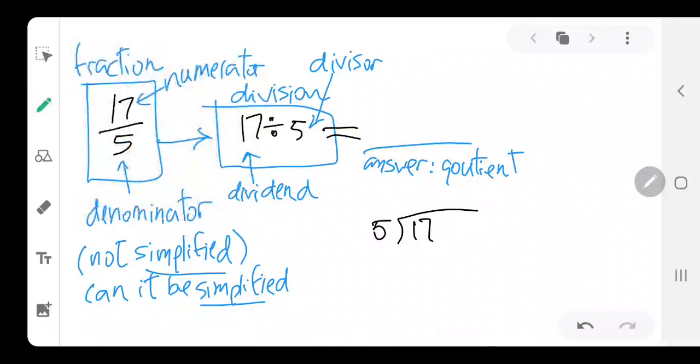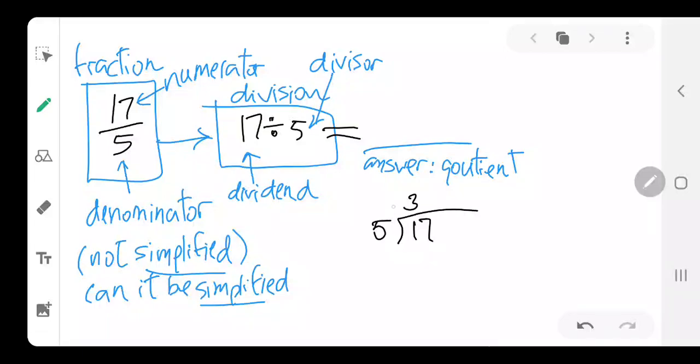You've got to start with a number that is the highest factor you can multiply 5 times to at least give you something close to 17, and that number is 3. Because if you go over 3, if you do 4 times 5, you're going to get 20. So that's too high. But 3 times 5 is 15, so that's just below the 17.